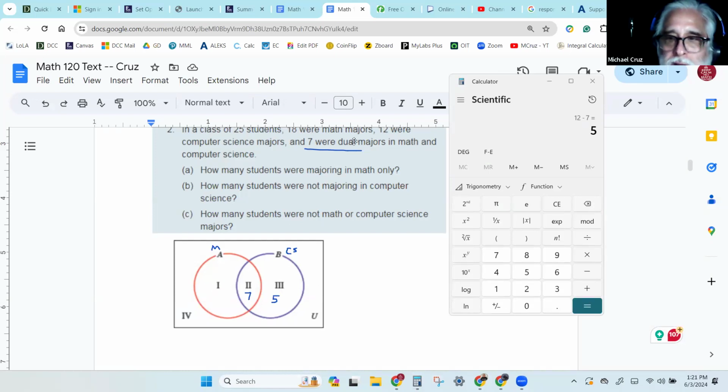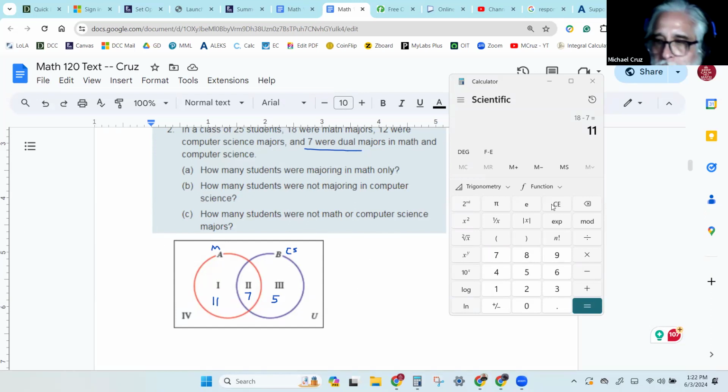On this side, 25 students total. It says 18 were math majors. So 18 minus the 7 that are already in there. So there's going to be 11. All right. And then the last thing to fill out is region 4.